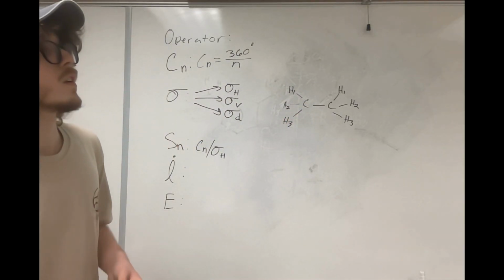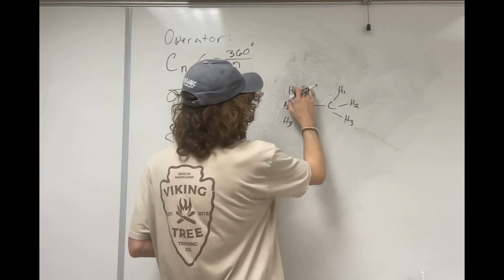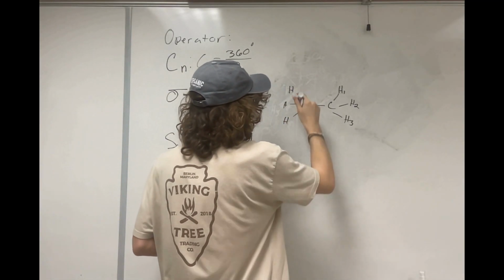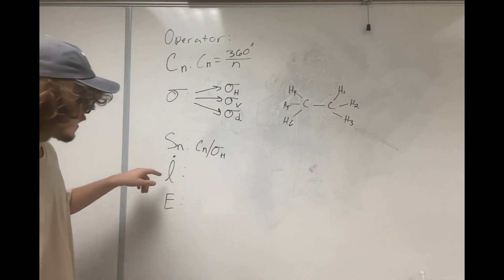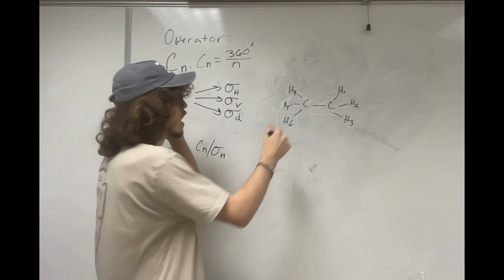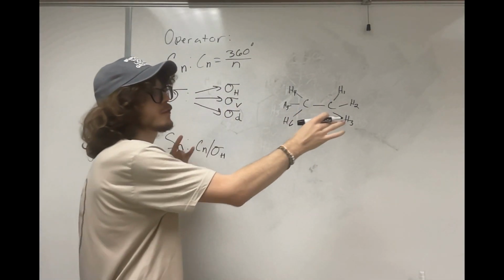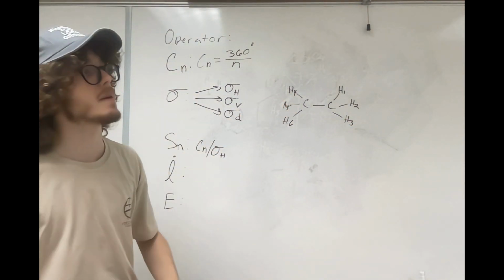Okay? So, what the inversion does, or I should actually label these 4, 5, and 6. My apologies. 4, 5, and 6. What the inversion symmetry tells you to do is go through a common point, invert the molecule or invert the atoms, and do you get symmetry?